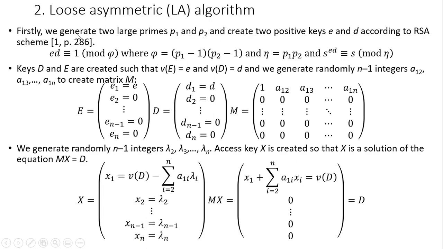Thirdly, we generate two large primes p1 and p2 and relate the positive keys E and D according to the RSA scheme.